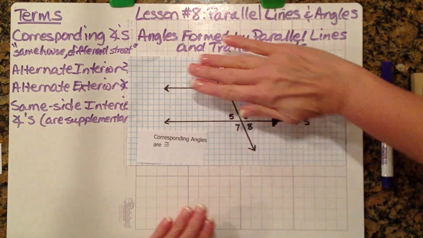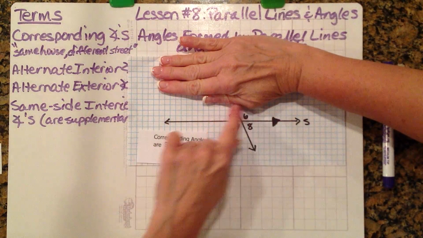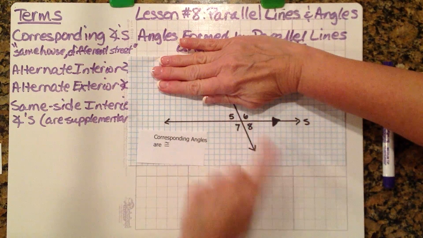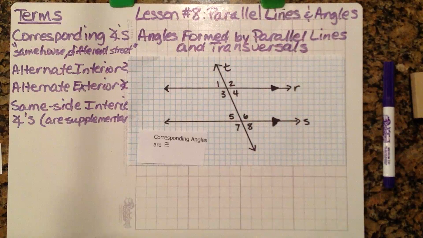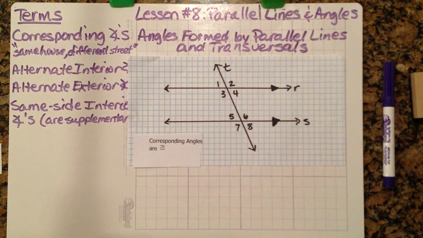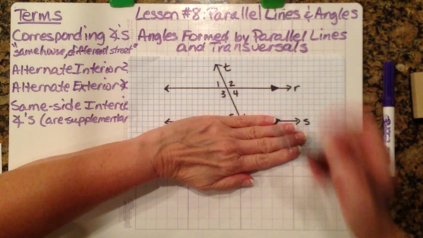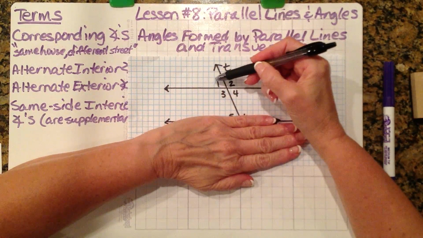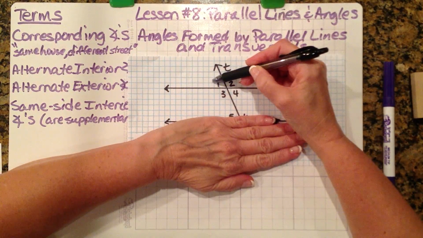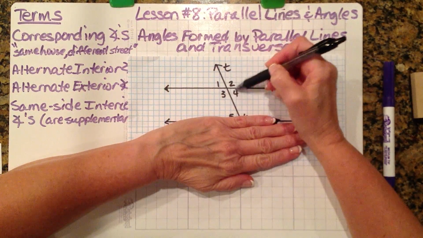Okay, let's look right here at this intersection. I've got two streets intersecting each other and I've got four houses. Which two houses look the same on the two different streets? For example, if I take this intersection, if you look at angle 1, it is in the upper left-hand corner of this intersection.